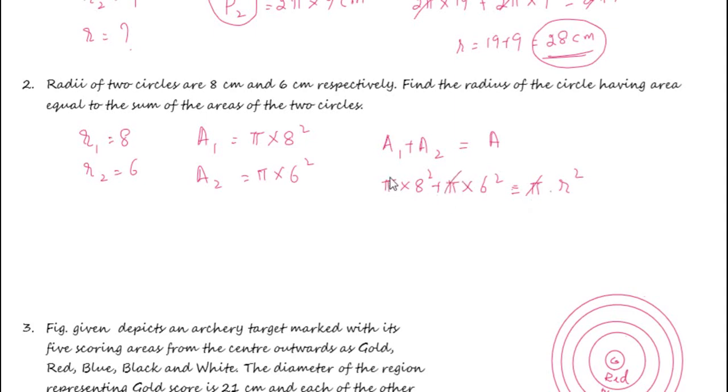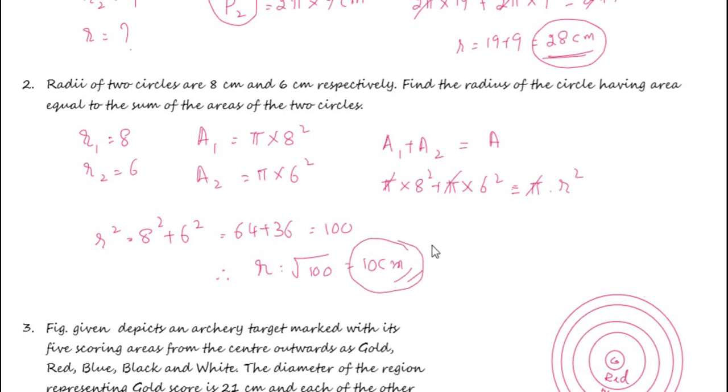All the pi's get cancelled, so r square is equal to 8 square plus 6 square is equal to 64 plus 36 equal to 100. Therefore r equal to square root of 100 equal to 10 centimeter. So if you combine the areas of these two circles and find out the radius of such a circle, that radius is 10 centimeter.